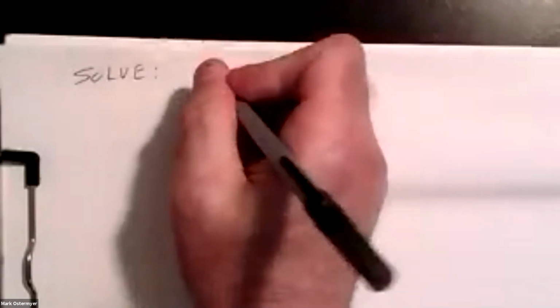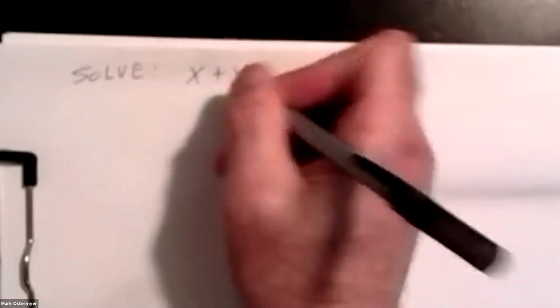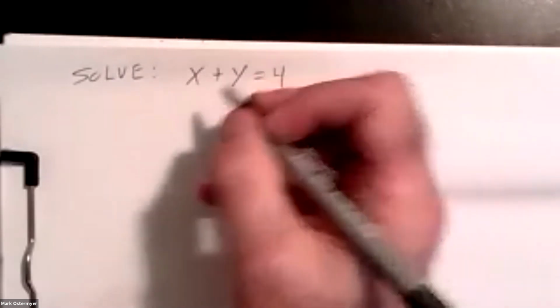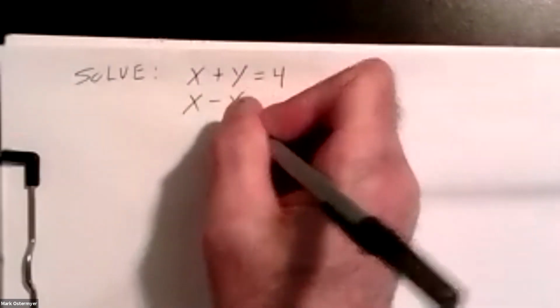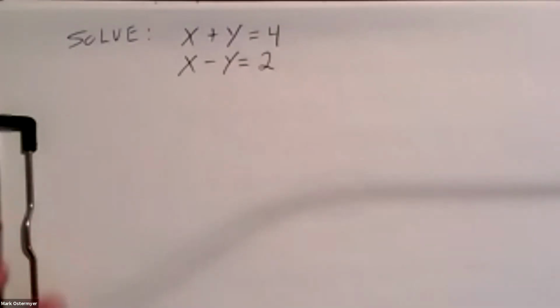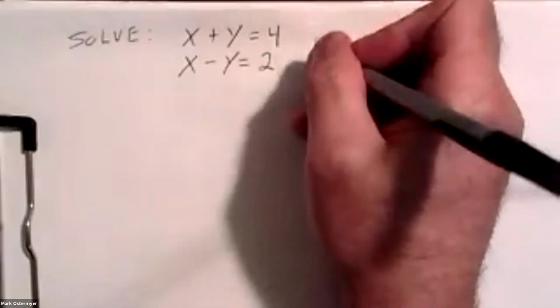So the instructions now are going to shift to the word solve. And the first system we'll look at is x plus y equal to 4 and x minus y is equal to 2. So we're going to try to solve the system of two linear equations and two unknowns by using the graphing method.